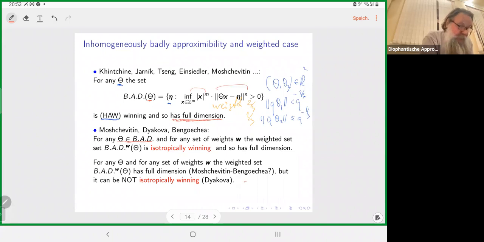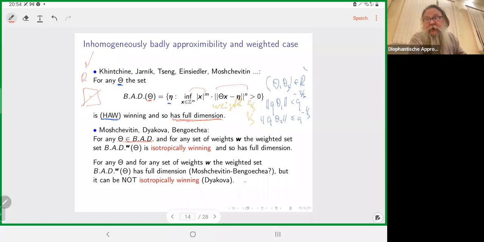What does it mean? Winning property means that we can win the game in the whole space. But isotropically winning property says that if we have a space, here it is R^d, we may consider any subspace, and for any subspace we can win the game when we play just in this subspace.